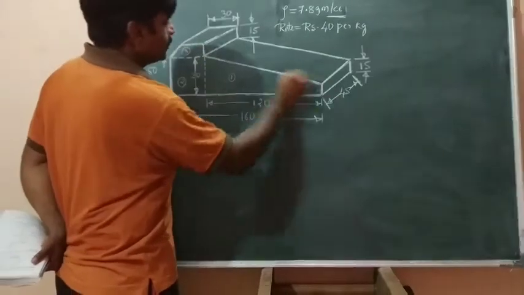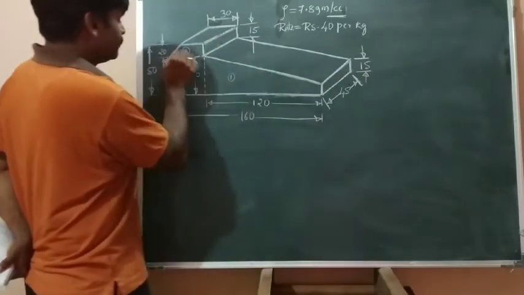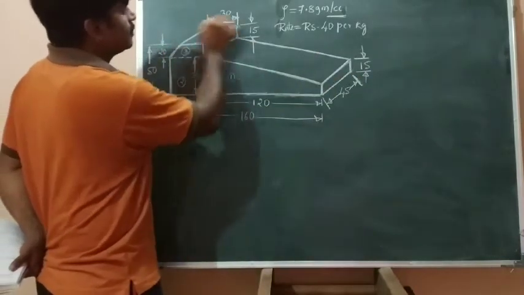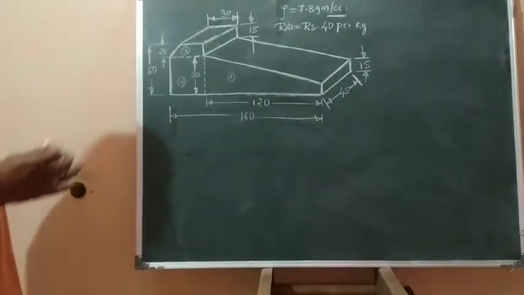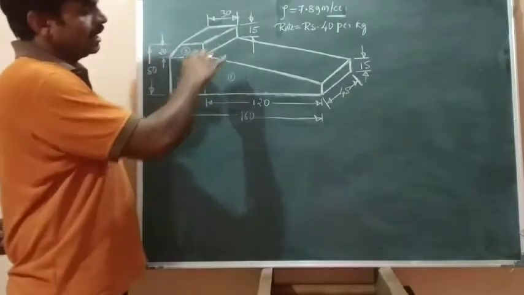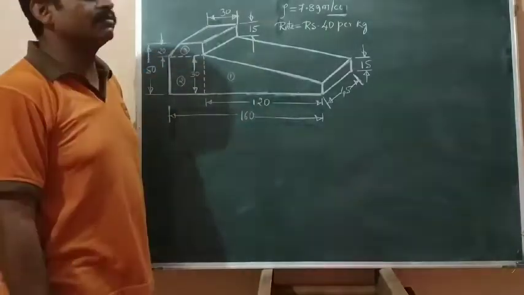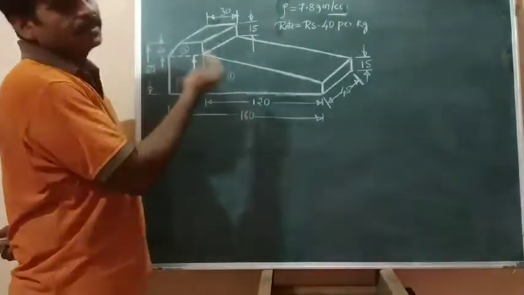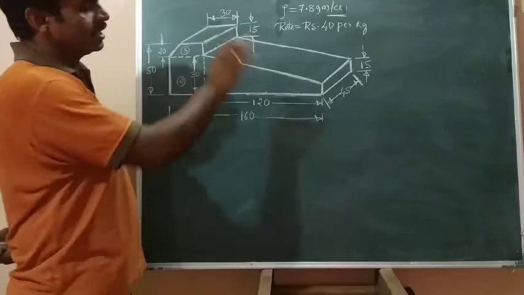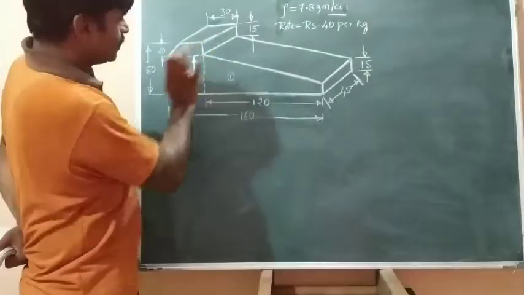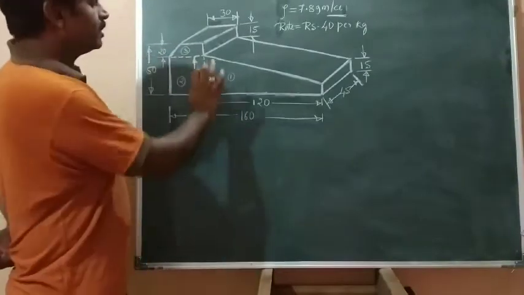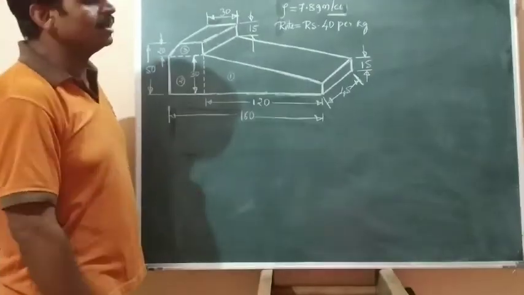We need to break the given diagram into n number of appropriate geometrical parts. So I divided it into 3 parts here. Now we need to find individual volumes here.